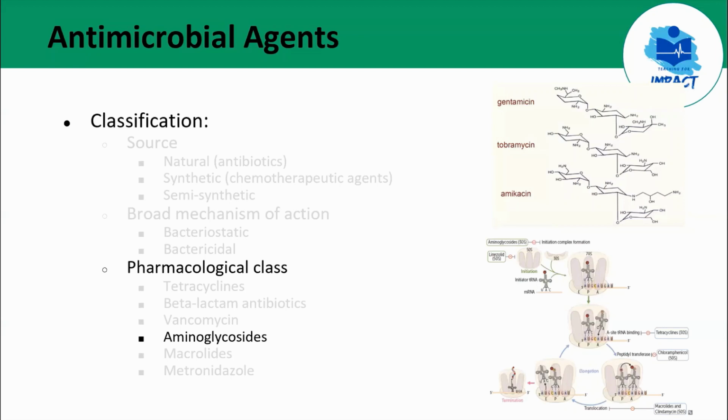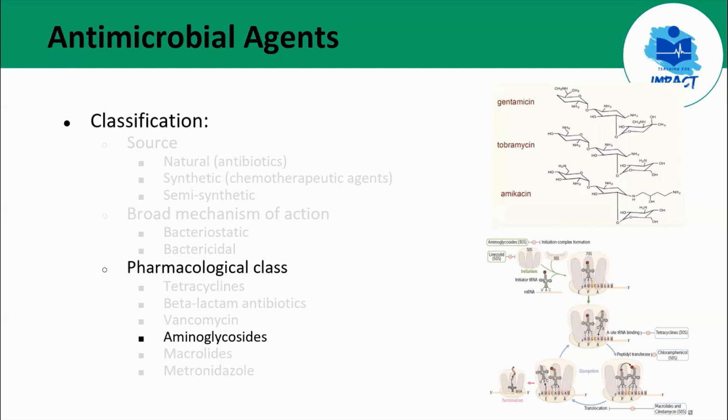But the ones that make it through bind to the 30S ribosomal subunit, resulting in synthesis of mutated proteins, which make the cell wall weak, as those proteins make up the cell wall. So after the structural integrity of the cell wall is weakened, large amounts of aminoglycosides can flood in from the outside and continue their work. And the end result is that protein synthesis is stopped completely and the bacteria can no longer function.